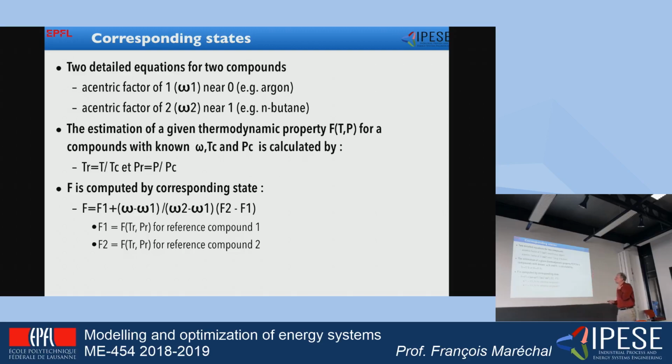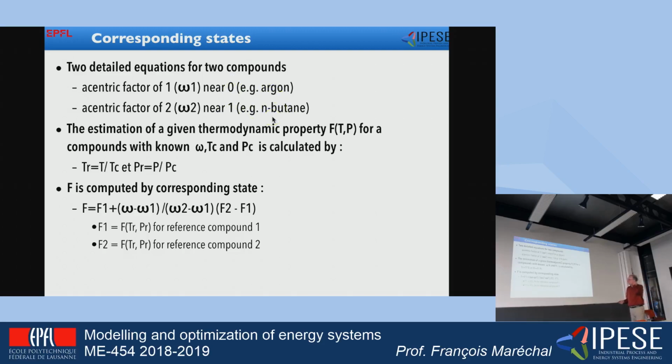And the known molecules are typically selected with 2 different acentric factors. So on the one hand, the one that is nearly 0 and another one that is nearly 1. It's the one for argon and for butane.